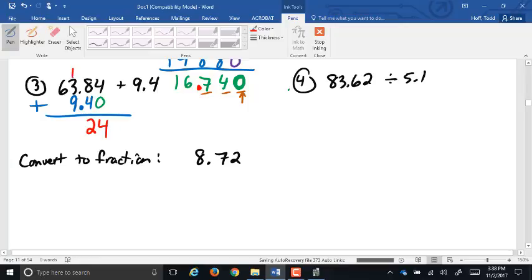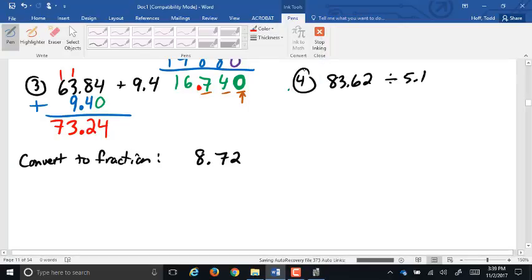So 2 carry the 1. Before I can do the 1, 3, and 9, I need to bring down the decimal point. Good. 1, 3, and 9 makes 13, so 3 carry the 1, yep. And then 1 and 6 is 7. Any questions there? Okay.